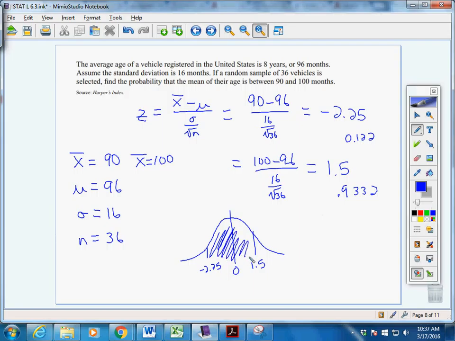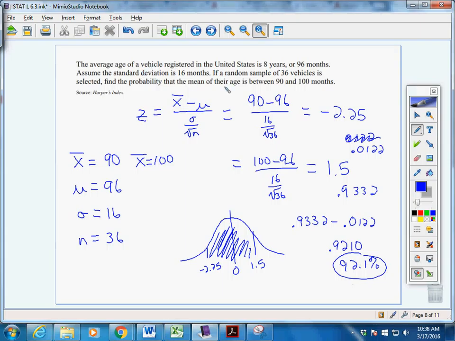We want the probability between them, so just subtract. I'm going to write it down correctly. I apologize for making these mistakes. That actually correlates to 0.0122. I knew there should be 4 digits. So this correlates to 0.0122. When you subtract it, you get 0.9210 or 92.1%.